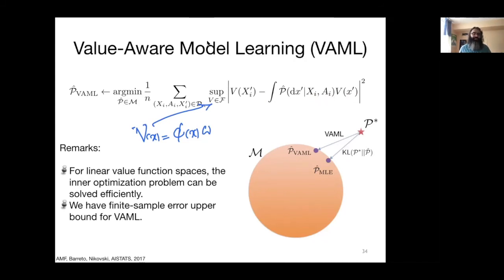But if it's a more complicated function space, say a nonlinear neural network, then we don't have a closed form solution, which makes the optimization problem challenging, because basically I need to do minimization here and maximization here. So it's a min-max problem. The other thing is that we also have a finite sample error bound for VAML, which basically shows how accurate our model would be, given a number of samples, according to the loss function that we care about.